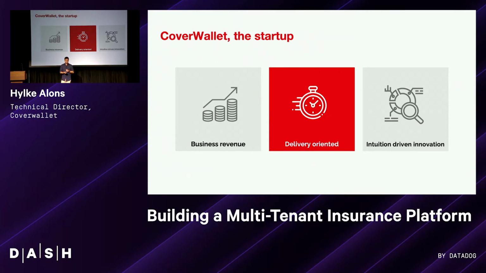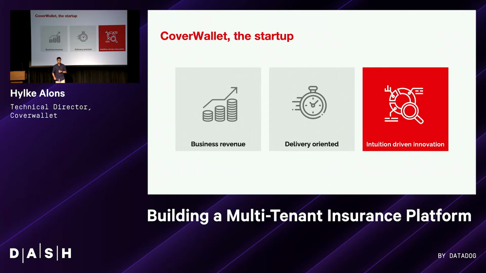And then lastly, we have intuition-driven innovation. We really focused on our business leaders. We had great innovators that really saw what was up in the market, and we played towards those directions. InsurTech is still a very new space where lots of innovation is happening, and we really got a great product out.